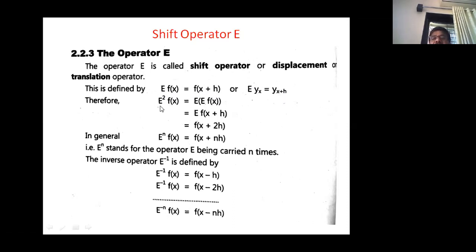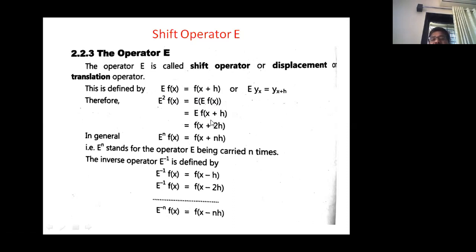So what is E square f(x)? E of E f(x). By using the definition of composition of two functions, E square means E into E, and f into g(x) is f of g(x). And this E f(x) is f(x+h), the value at the next point.